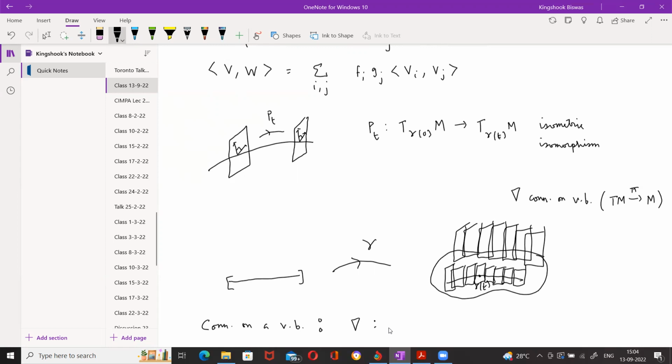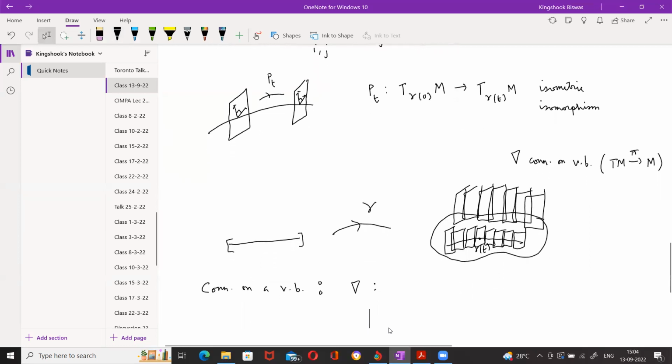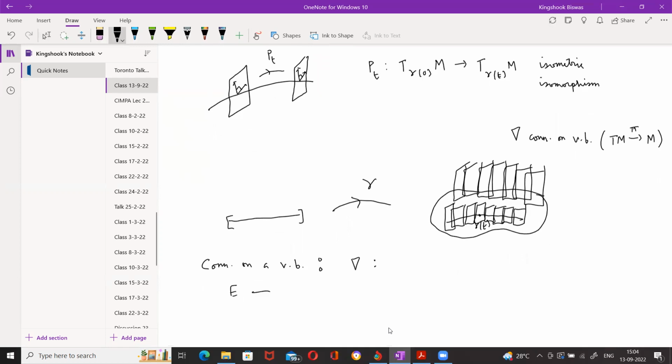I have a vector bundle, say E over N. A connection on the vector bundle E over N is going to be a map from vector fields on the manifold, cross sections of the vector bundle, to sections of the vector bundle.